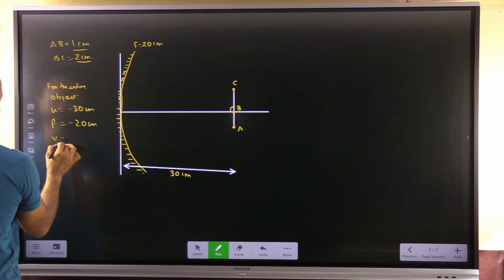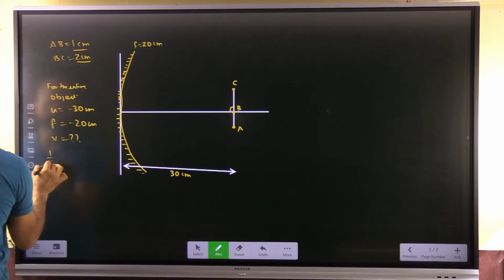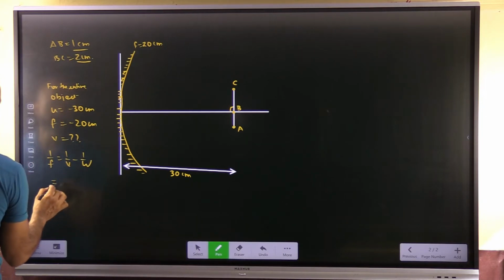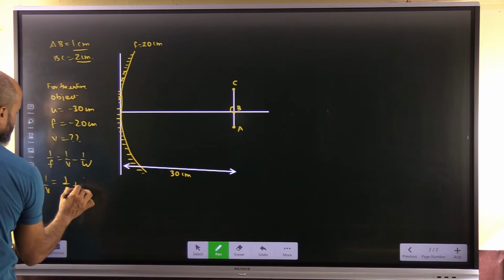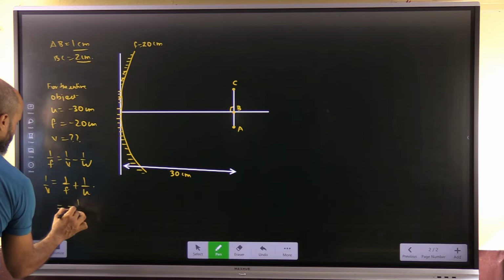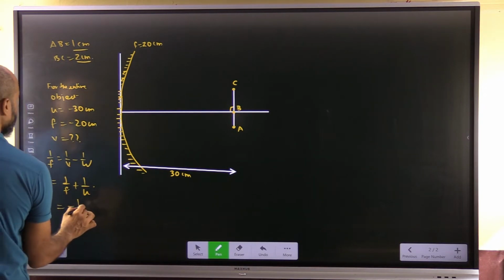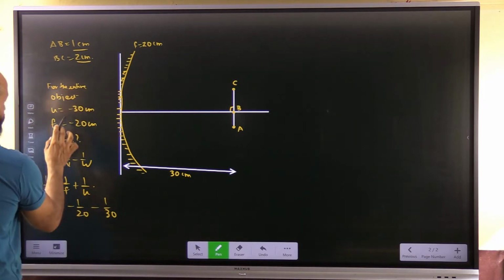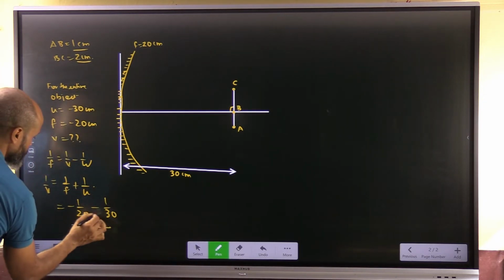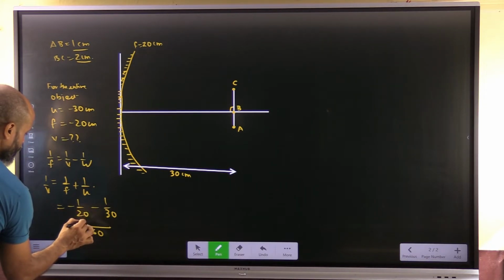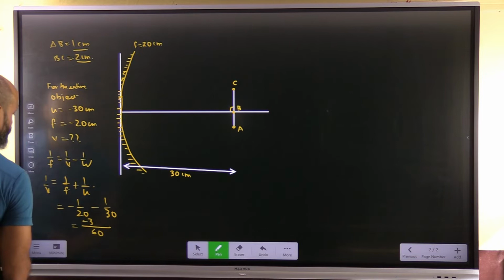So what will be the value of v? So 1 by f is equal to 1 by v minus 1 by u. So that's going to be 1 by v is equal to 1 by f plus 1 by u. So 1 by f here is minus 1 by 20 plus 1 by u, that is minus 1 by 30. Okay, minus 1 by 30. So that's going to be how much? This is going to be 60 and this is going to be 3 minus 3.